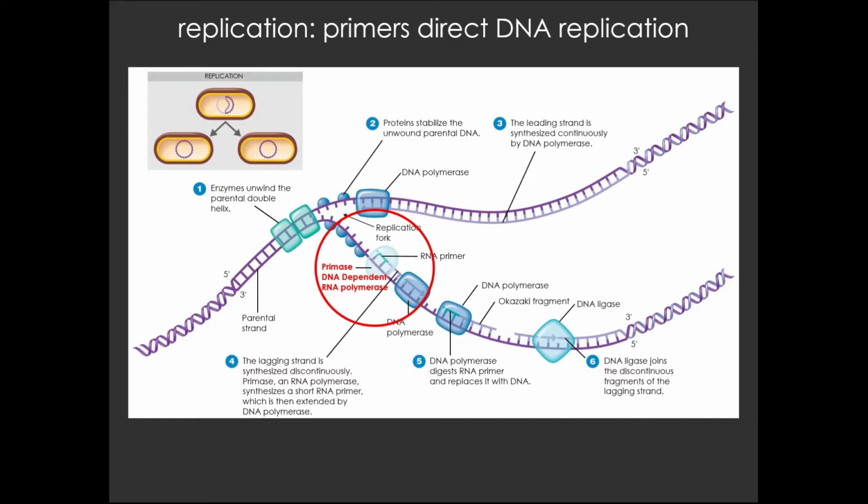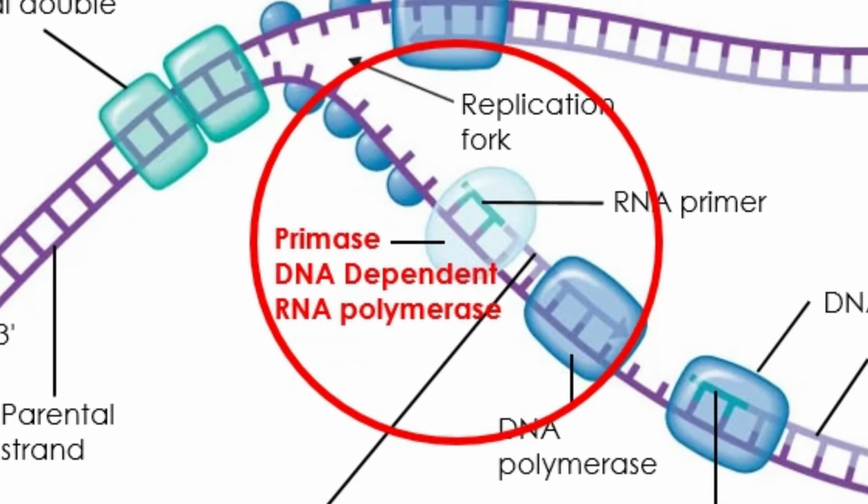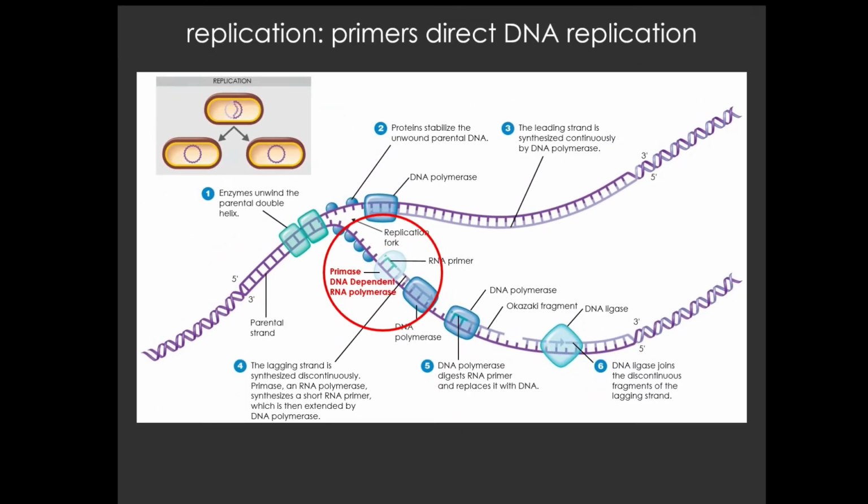And in vivo, in the cell, the ability to make copies of DNA is helped by an enzyme called DNA primase, which is a DNA-dependent RNA polymerase, which is able to pair a nucleotide opposite a single strand of DNA. And once it has done that and created this RNA primer, then DNA polymerase can come along and add on to the RNA in the process that you talked about in general biology.